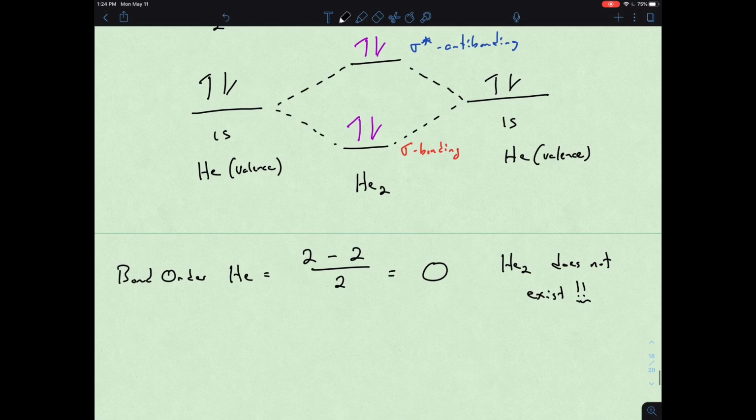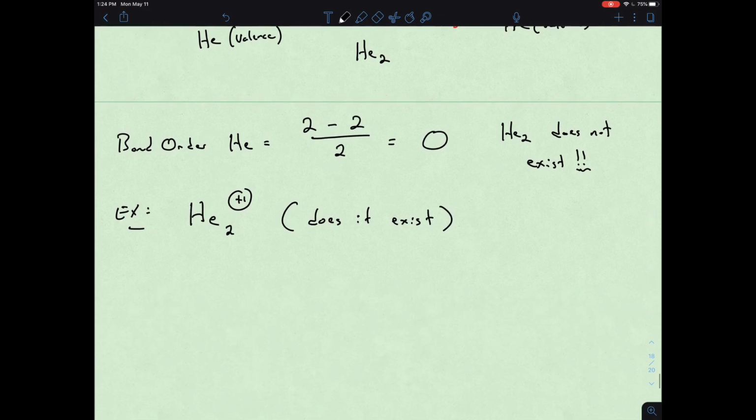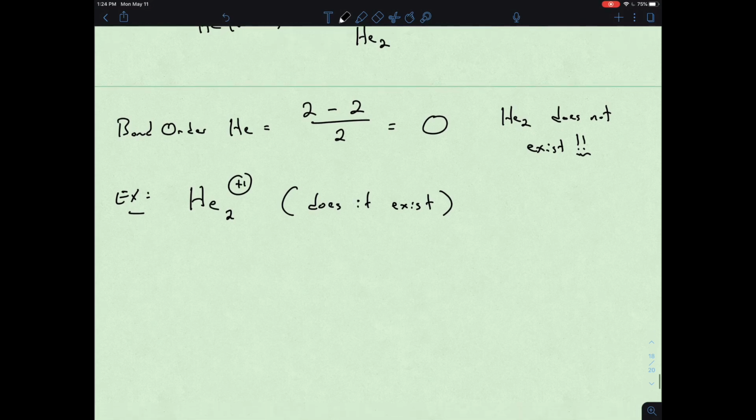Let's do another example and ask the question: I know diatomic helium doesn't exist, but what if I had a charge on the molecule? Does helium-2 plus 1 exist?